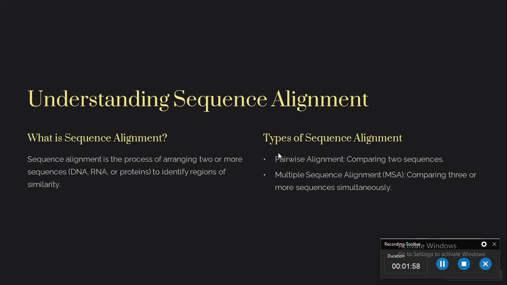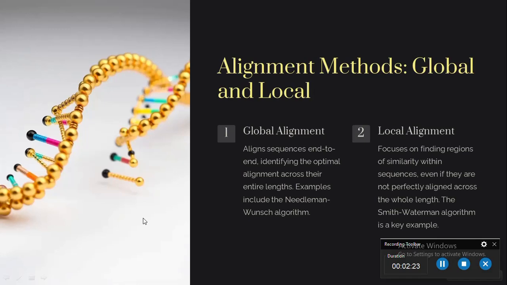What are the types of sequence alignment? We have pairwise alignment, which compares two sequences, and multiple sequence alignment, comparing three or more sequences simultaneously. Alignment methods include global and local.